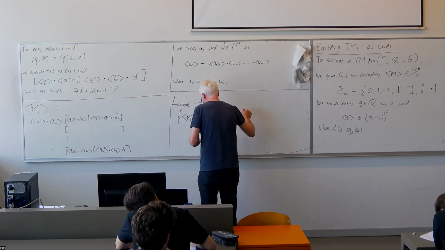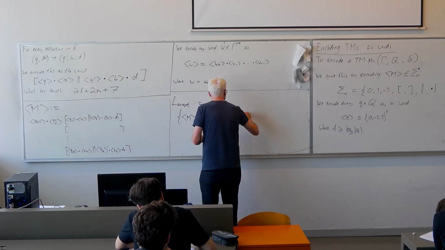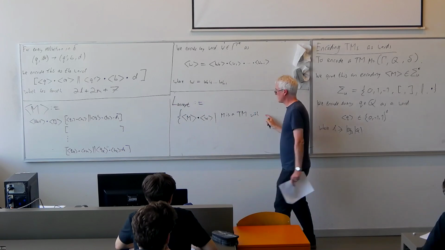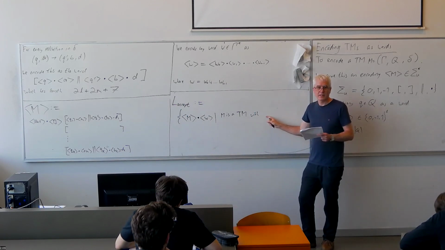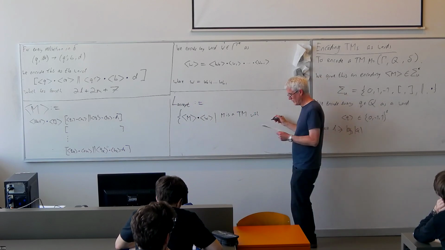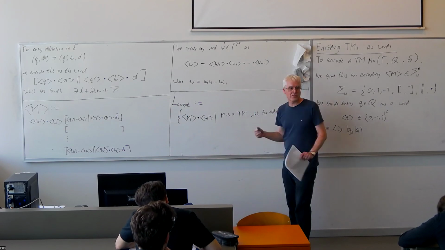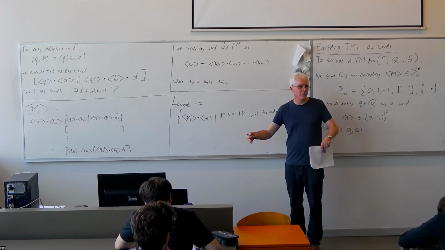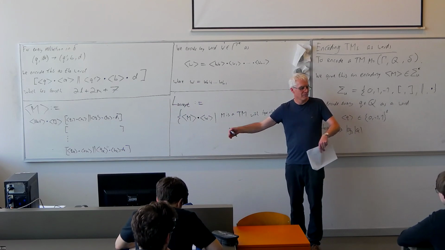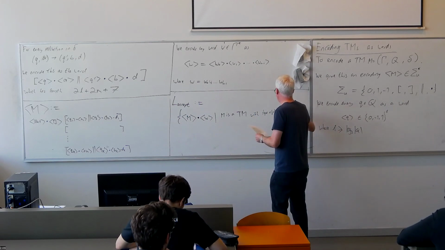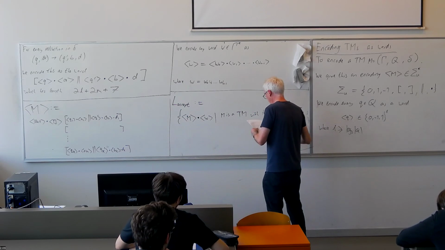Where M is a single tape Turing machine, and it's very convenient to only consider those Turing machines whose tape alphabet contains sigma u. But any Turing machine can be considered as such a Turing machine because any Turing machine is always a Turing machine over a larger tape alphabet. It just maybe doesn't use the additional characters in the alphabet. We're going to consider any Turing machine as being over tape alphabet gamma that contains this alphabet sigma u.